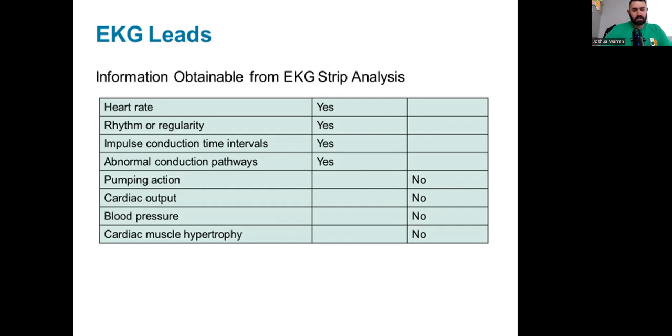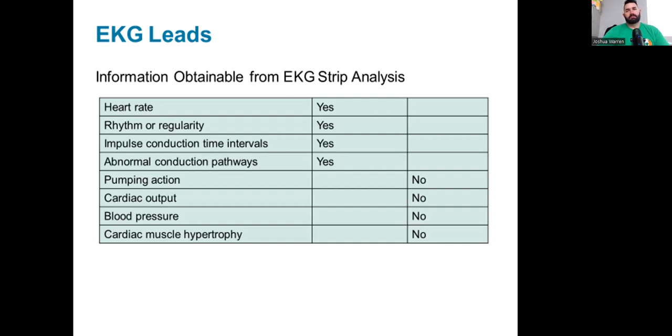Can it tell me pumping action? No. Cardiac output? Cardiac output is what? Heart rate times stroke volume. So the amount of pumps per minute. What is stroke volume? The amount of blood ejected from the ventricle with each contraction is stroke volume.